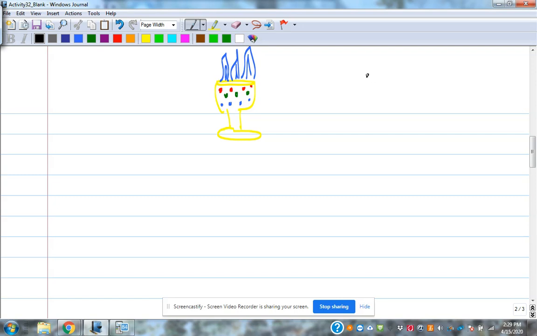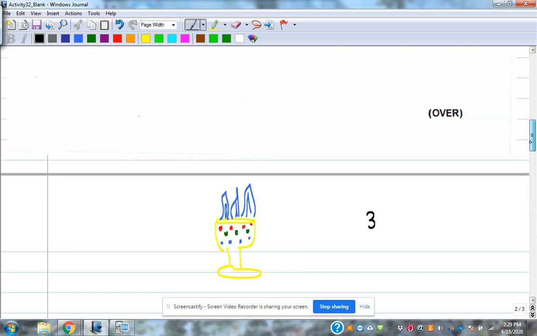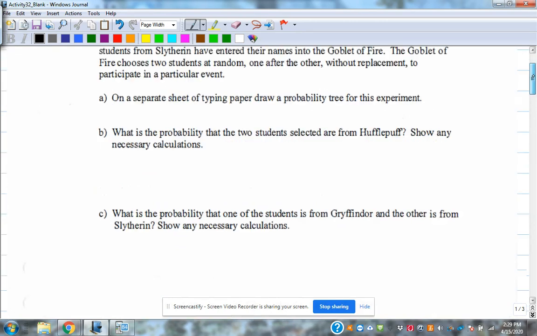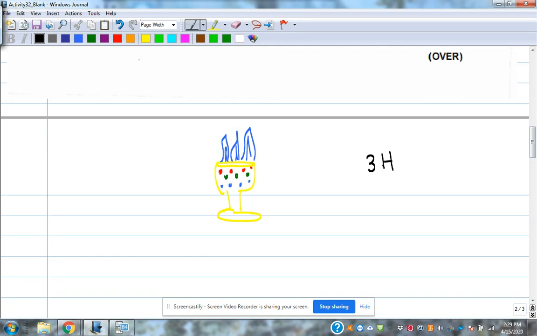We had 3 from Hufflepuff, 4 from Ravenclaw, 6 from Gryffindor, and 2 from Slytherin. So I'm just going to note them as H's for Hufflepuff, R's for Ravenclaw, G for Gryffindor, and S for Slytherin.